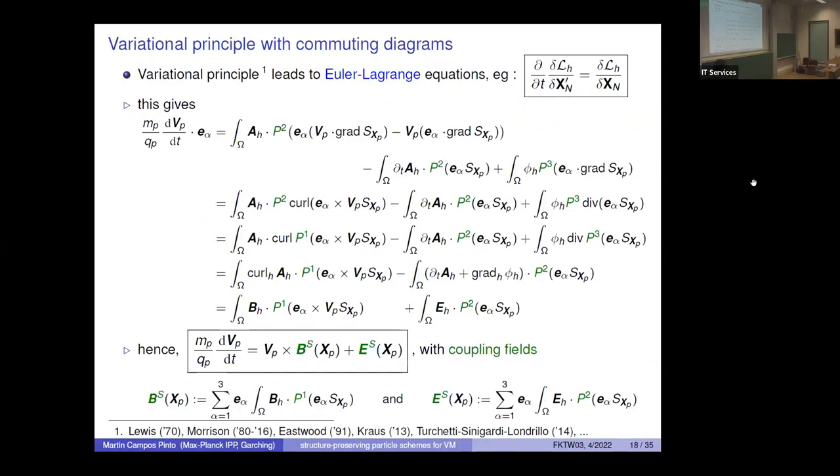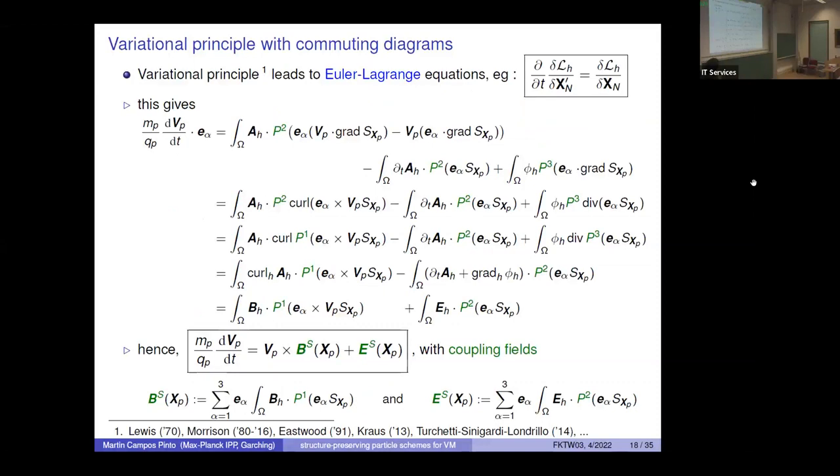Okay, so here I show some of the computations. You write the Euler-Lagrange equations for your discrete functional. Here is one for the variations in the particles. And what do you get? You get something like that.